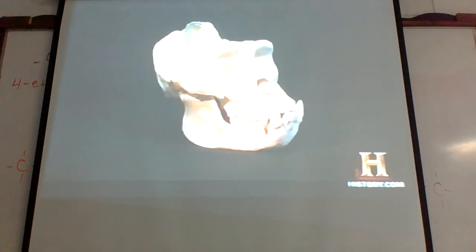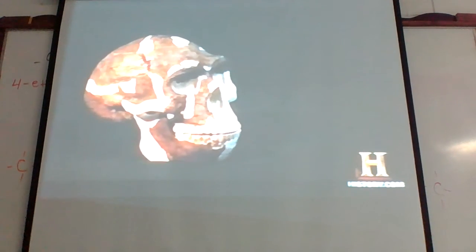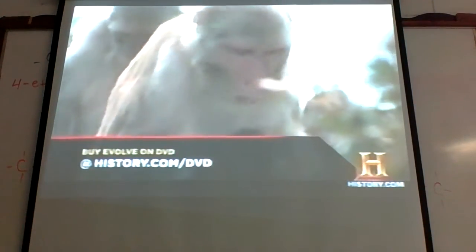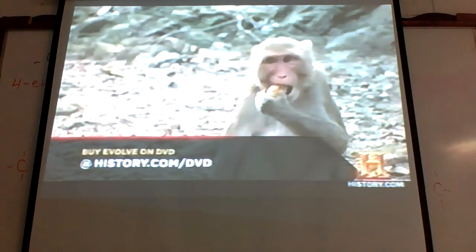Fossils show how the visual system of primates improved over time. Both the eye sockets and the optic nerve canal grew larger as brain size increased. Primates put huge demands on their sight, from color vision to increased binocular vision.